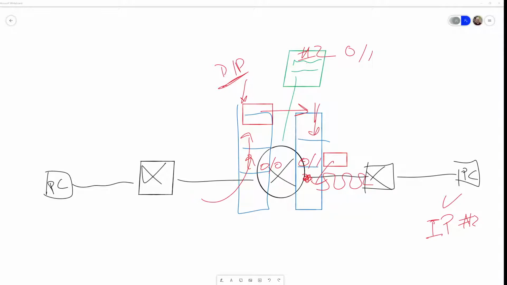It looks at the Ethernet frame. If it's in the bridge table, it goes ahead and sends it across, and there we have it. So at this point, we can see that we've talked about collision domains as they exist between a PC and a switch, or a switch and a router.